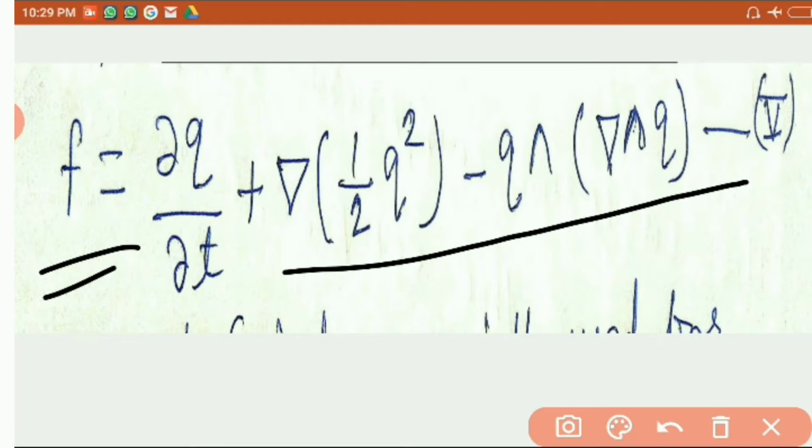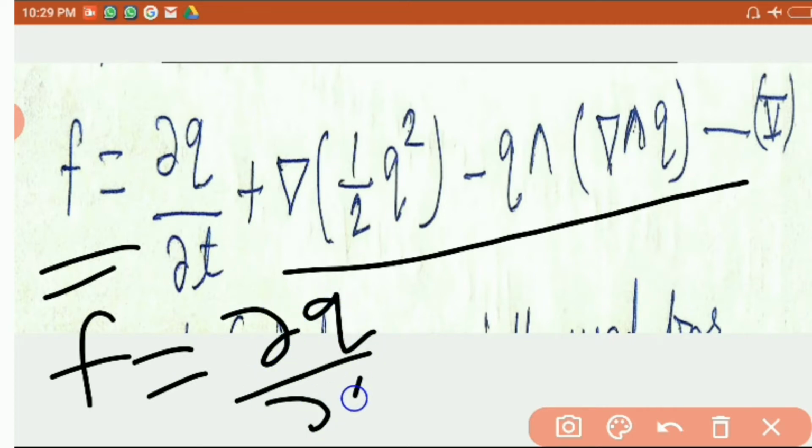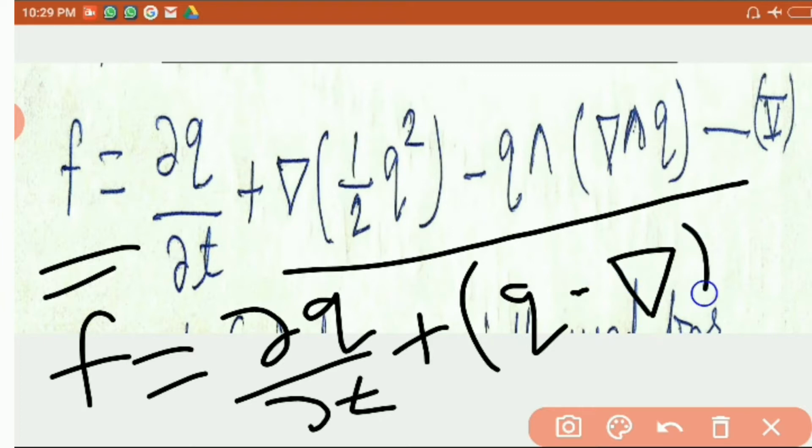So what is the equation first? Equation first is F equal to dou q by dou t plus q dot del q.